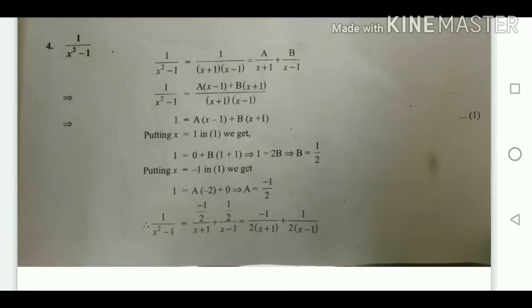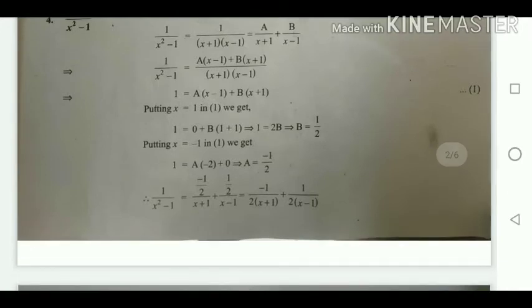Okay, now see the factors, that is x minus 1 is there. So if you put plus 1, the value of a becomes 0. If you put minus 1, the value of b becomes 0. So I am giving x equal to 1, we are getting the value of b equal to 1 by 2.